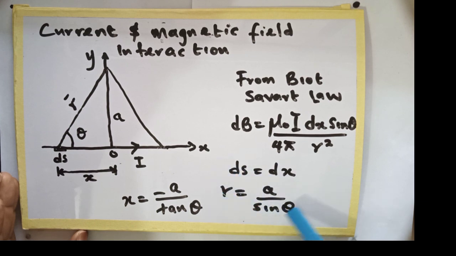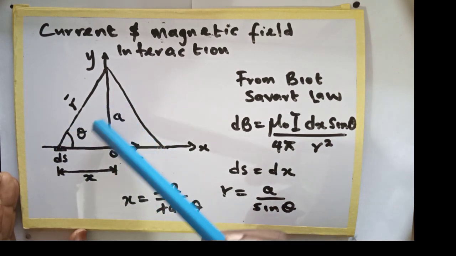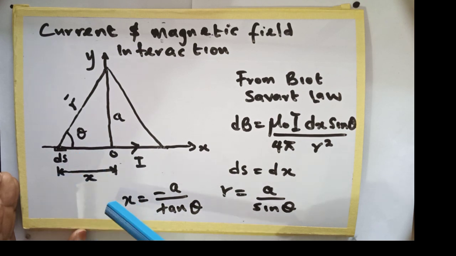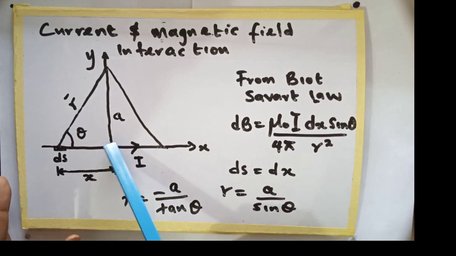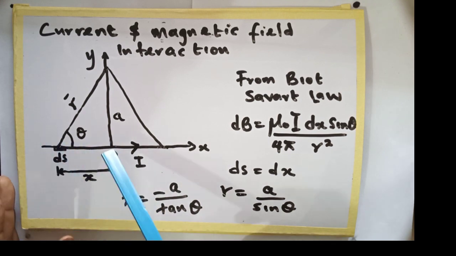So we have this expression. Then we can also represent our x in terms of theta and a. So it means opposite over adjacent. So we now have x equal to minus a over tan theta. The reason why we have this negative sign is because this side is the negative part of x and this side is the positive part of x.